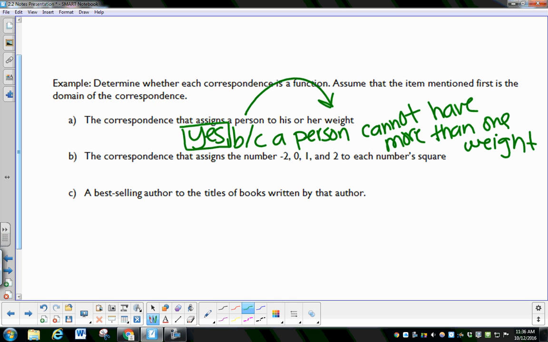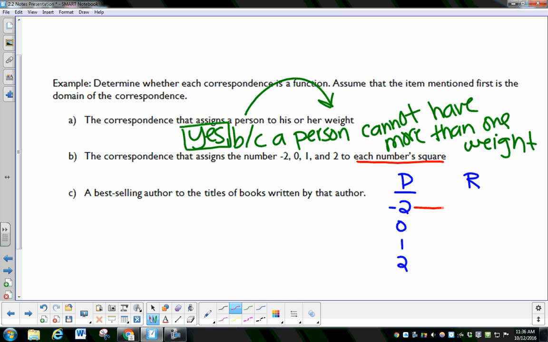Part B says the correspondence that assigns the numbers -2, 0, 1, and 2 to each number's square. Let's write this out like we saw those other ones, the domain and our range. So our domain is the input, -2, 0, 1, 2. The range, it says, is each number's square. So we're going to square each of those numbers in our domain.